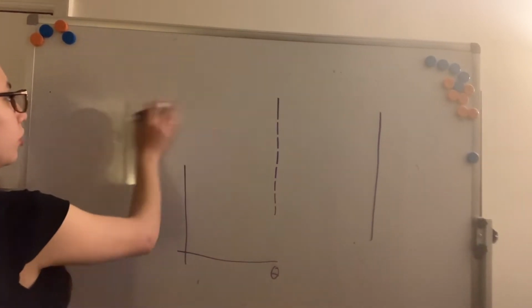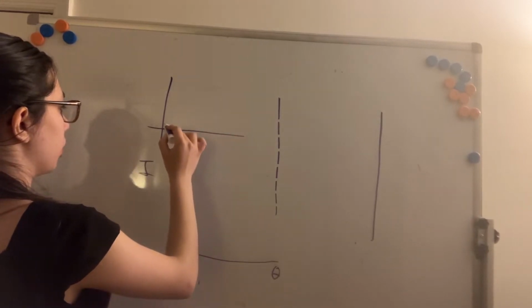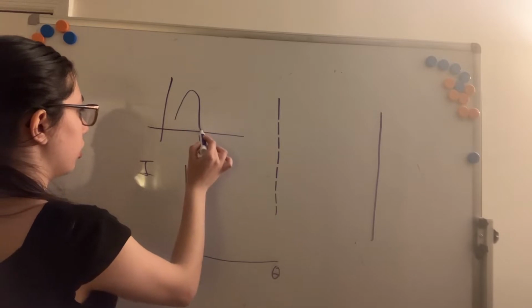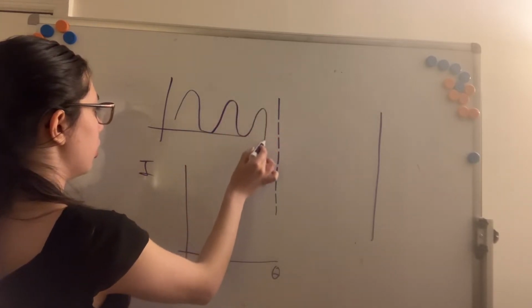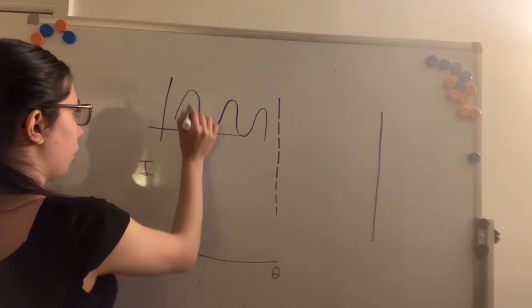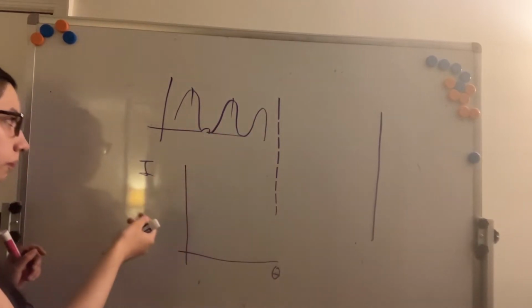If we graph now here the radiance, and here the intensity of the light, we would see, instead of the pattern of a double slit experiment in which we had something like this, a maximum and a minimum, maximum and minimum, alternating.